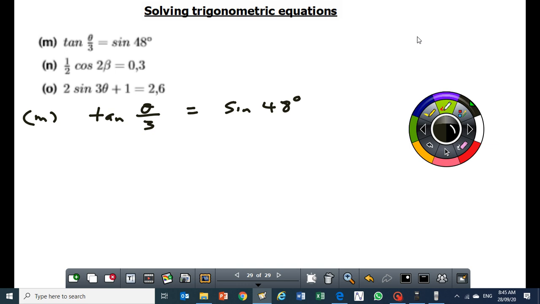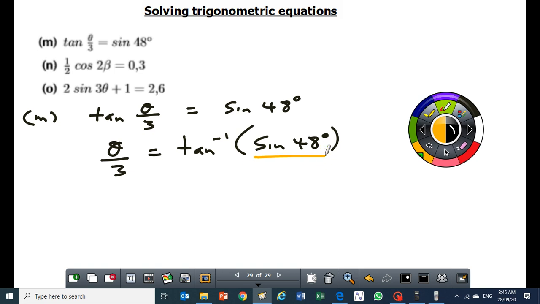So I can take the tan to the right. And then if I do that, I'll get theta over 3 is equal to shift tan of sine 48 degrees. Don't be scared about this, please, because sine 48 is a specific ratio.